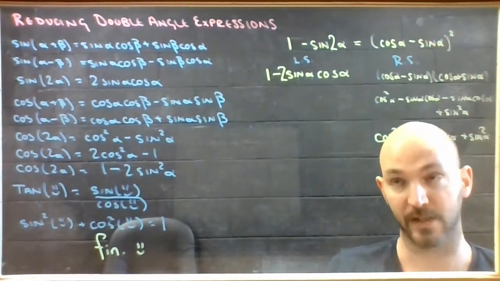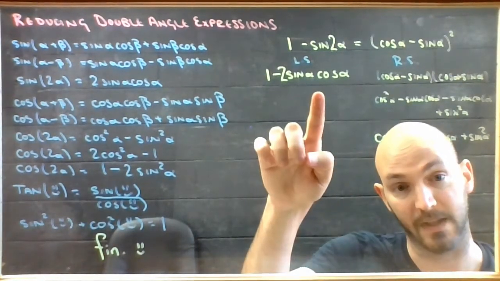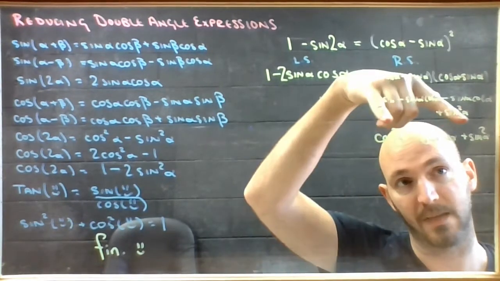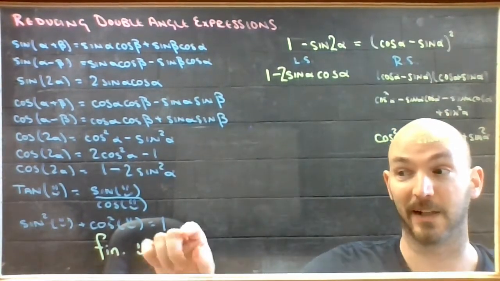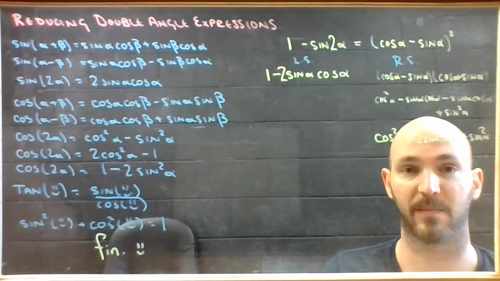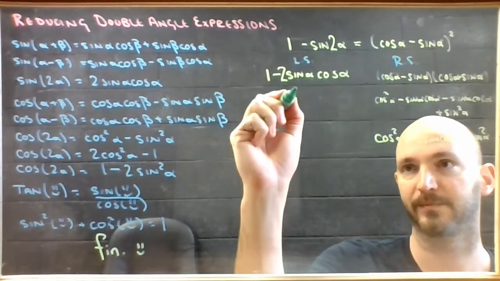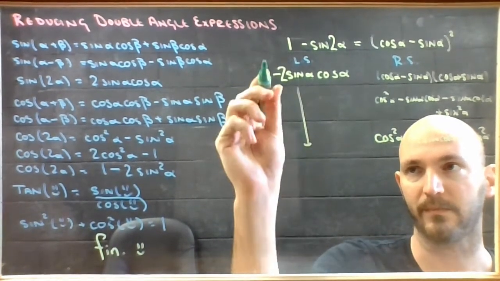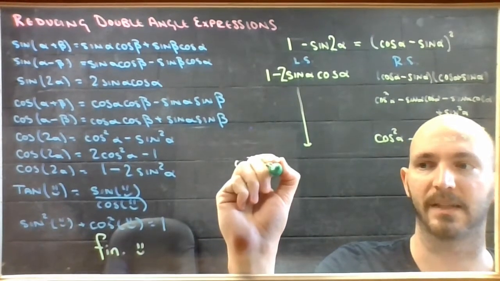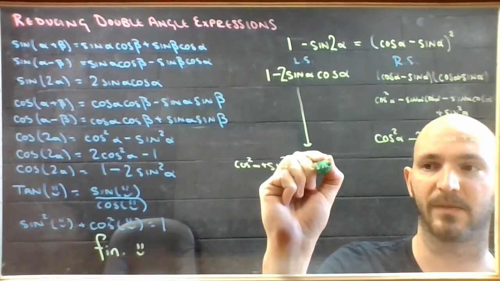Well, that's encouraging because I have a minus 2 sine alpha cos alpha just sitting right here. Now, if only there was a way to show that 1 was the same as cos squared plus sine squared, and there it is. Way back from grade 11, you have that Pythagorean identity. So if I park that in on this side, 1 is cos squared alpha plus sine squared alpha minus 2 sine alpha cos alpha.